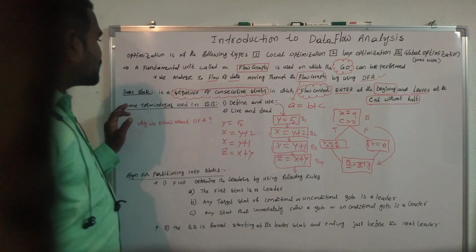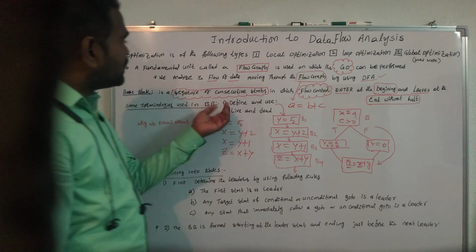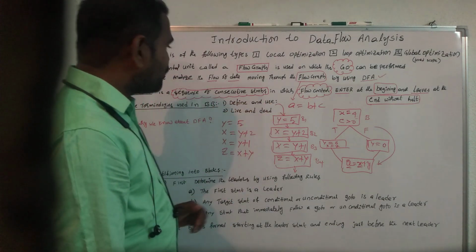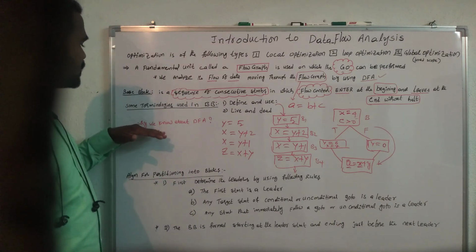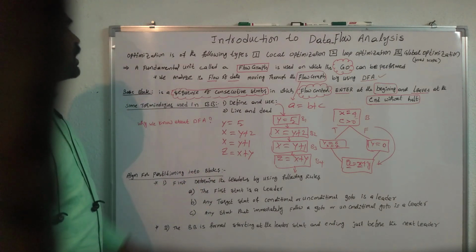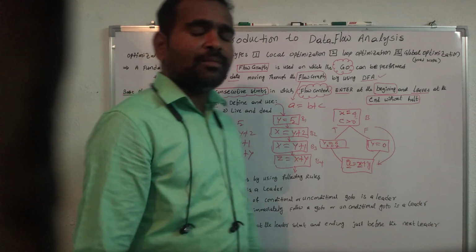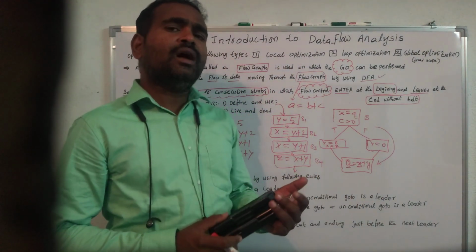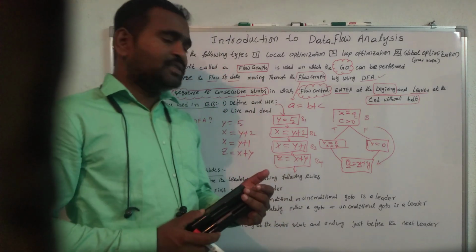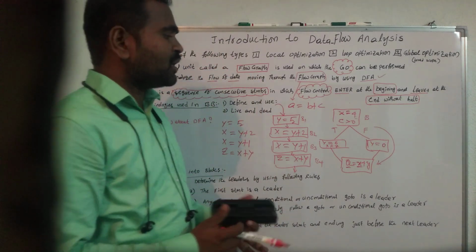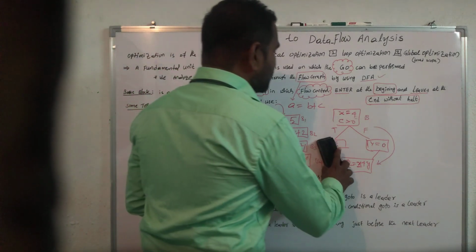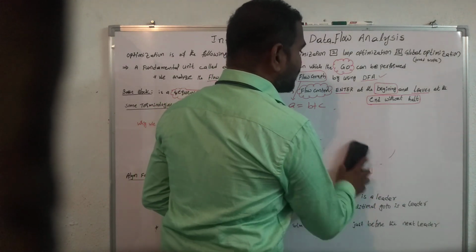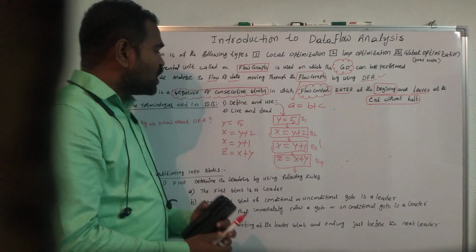Now, some other terminologies, I already explained: define and use, and live and dead. So data flow analysis is nothing but determining the useless statements. The next one is to determine the constant propagation and eliminate those constant propagations.